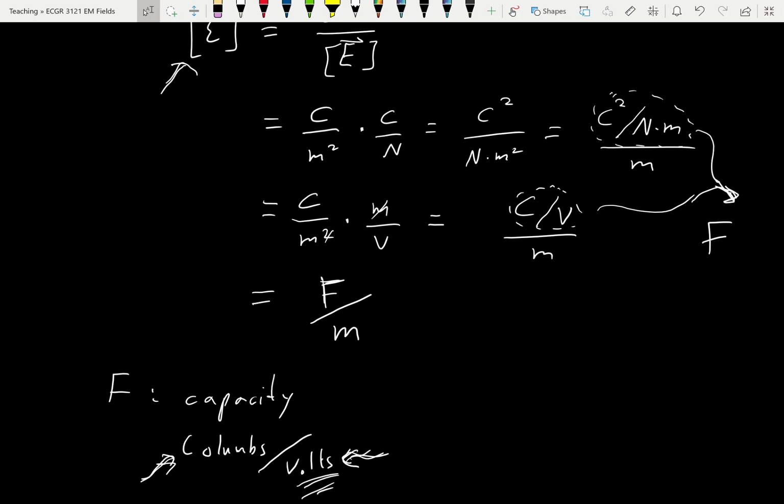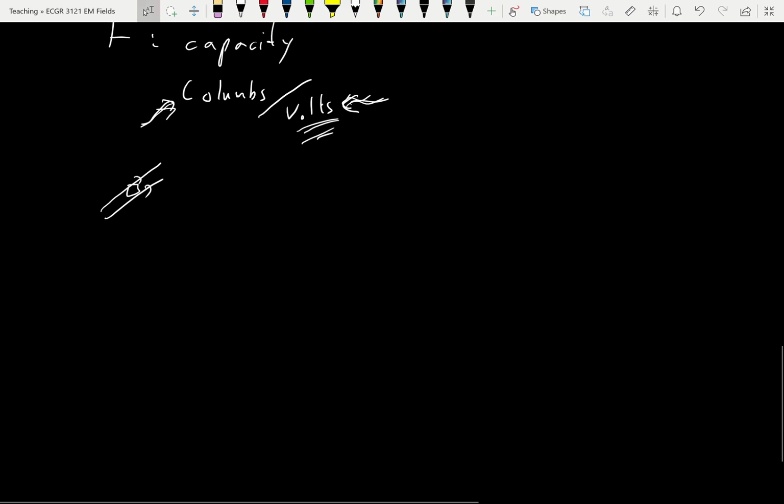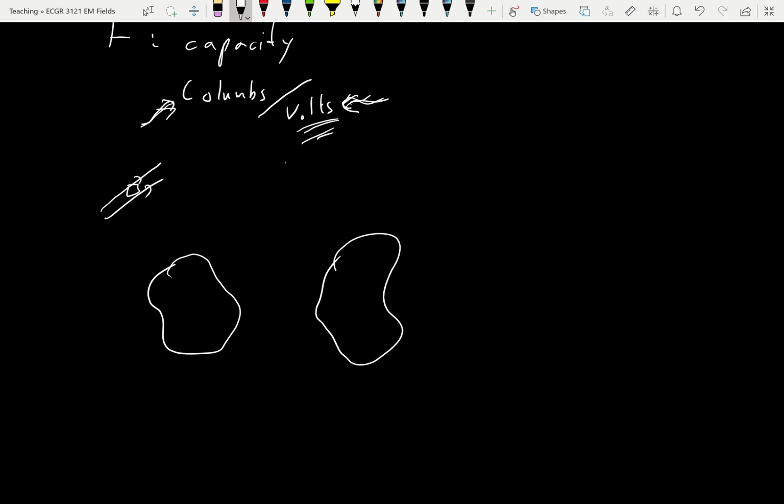But then we can think about an extended object now. I'm not thinking about just a small region of the medium where if I apply a certain electric field, I get a certain dipole polarization. I can think of an extended object, either a conductor or two conductors, and I think about the voltage between those two conductors, and then the charge that exists due to this voltage.